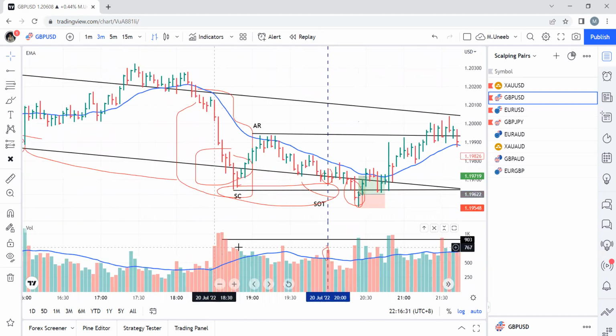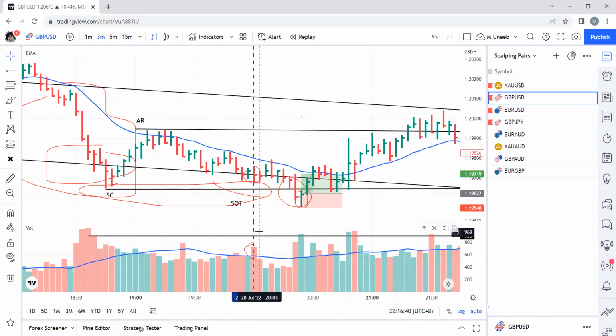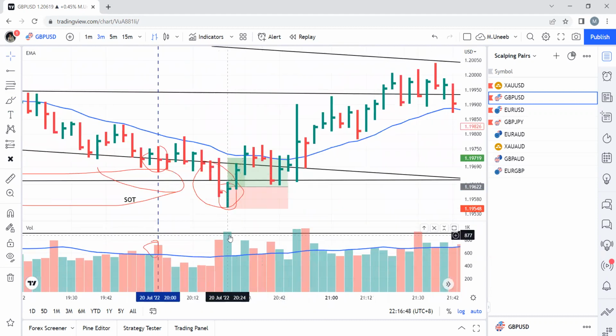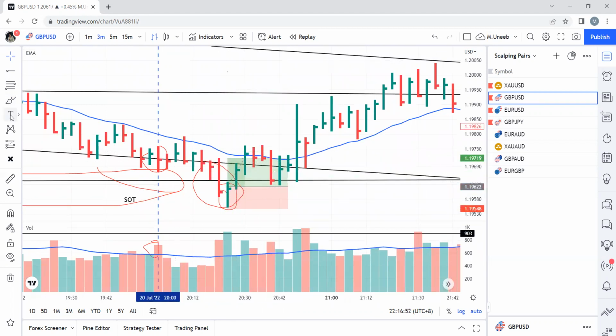Can you tell me? This is the selling climax volume. It's higher. It's higher. So what we need to do? We need to wait for the retest. Okay, the price went up, retested right over here.